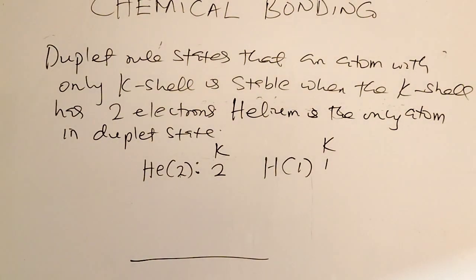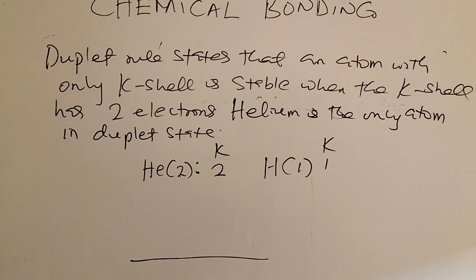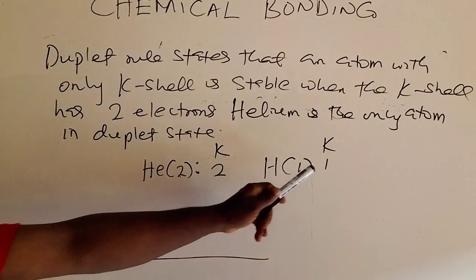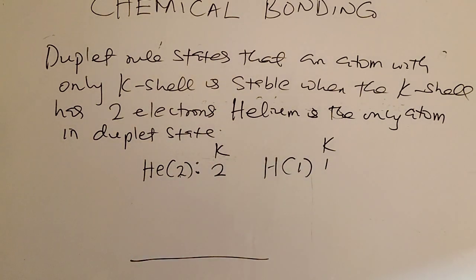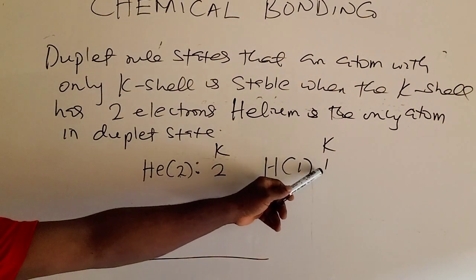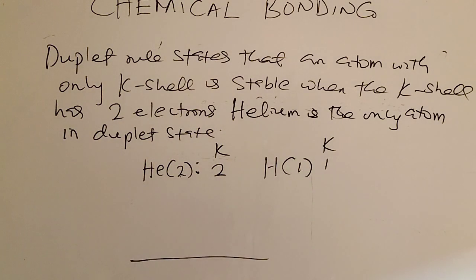So the 2 elements that have K shell in the periodic table are helium and hydrogen. Helium is already in the duplet state, while hydrogen requires 1 electron to make it up to 2 to satisfy the duplet state. For hydrogen to satisfy the duplet state, hydrogen will now undergo covalent bonding or chemical bonding so that it will have 2 electrons in the K shell.